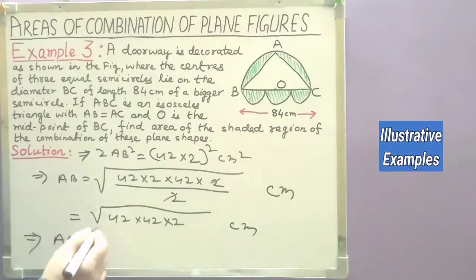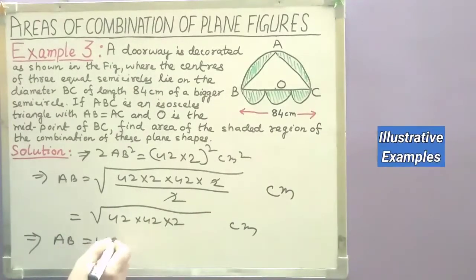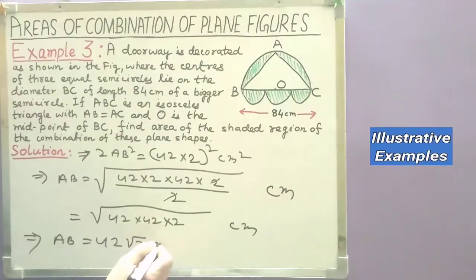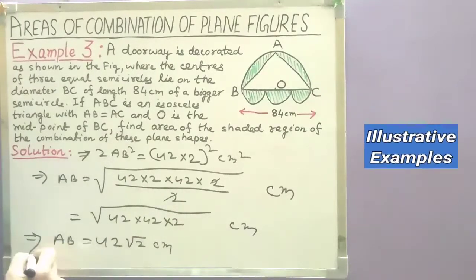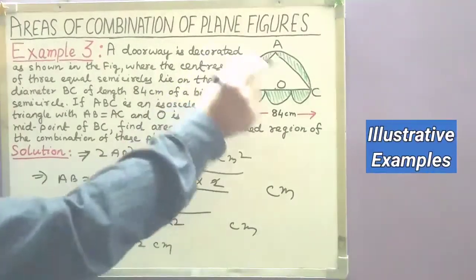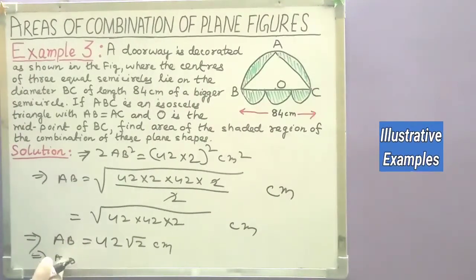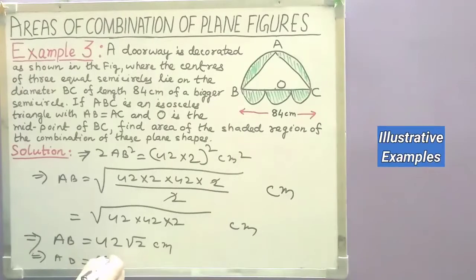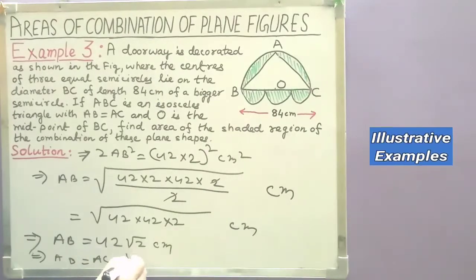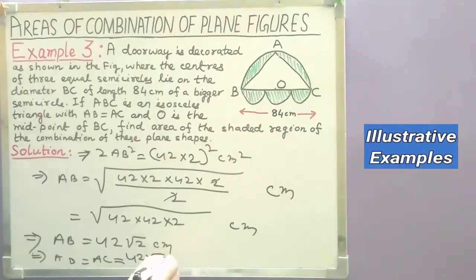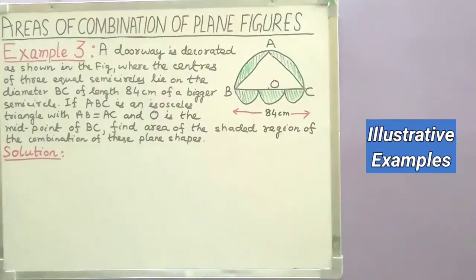That implies that AB equal to 42 root 2 centimeter, and that implies that AB equal to AC equal to 42 root 2 centimeter.